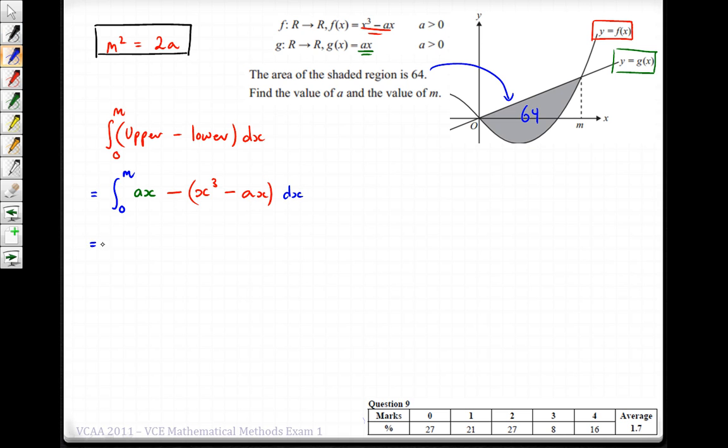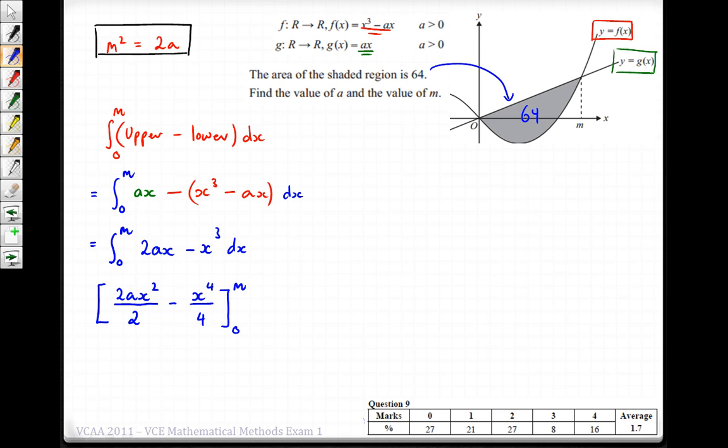So hopefully you can see that we're going to have from 0 to m of ax plus ax, so we're going to have 2ax minus x cubed dx. Let's go ahead and find the antiderivative of that. We're going to have 2ax squared on 2 minus x to the power 4, divided by 4. And we're going to evaluate that between 0 and m.